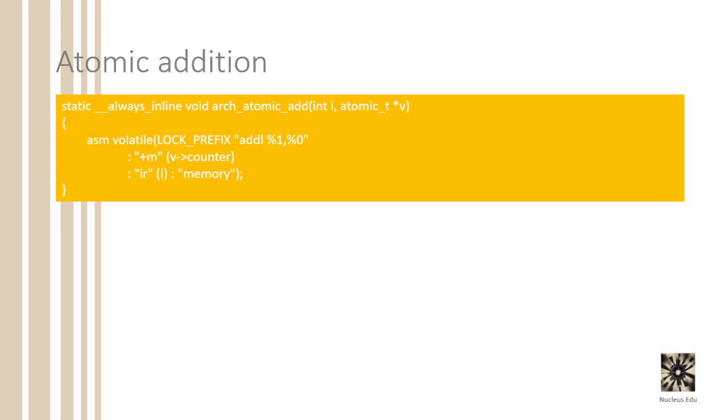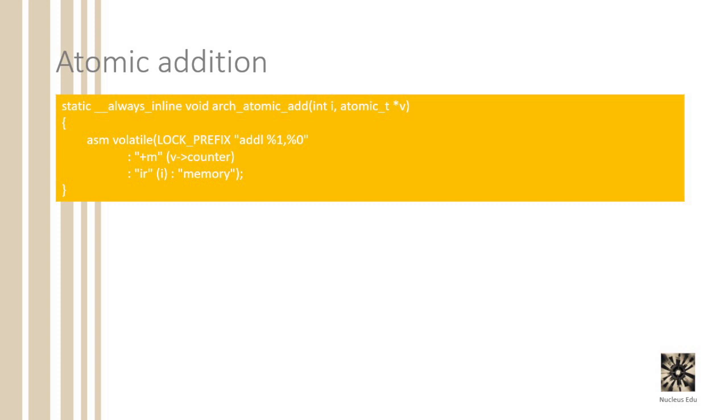And what we also see is that that particular instruction is executed under what's called LOCK_PREFIX in capital letters. This macro translates to basic lock, which is not an instruction in itself, but it is an instruction prefix which applies to the following instruction, which in our case is addl.